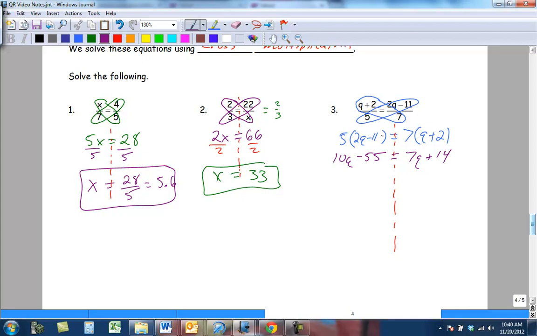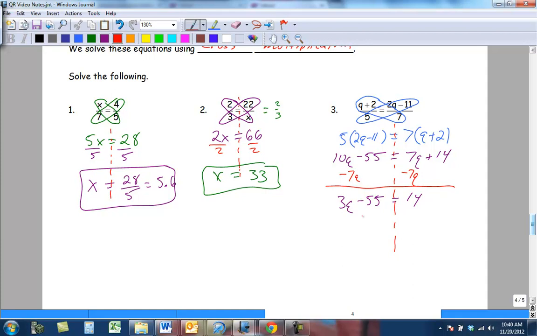So we simplified both sides. That's step 1. Step 2, get variables on one side. So I'm going to move this 7q to the 10q side by subtracting 7q from both sides. So now we're left with 3q minus 55 equals 14.